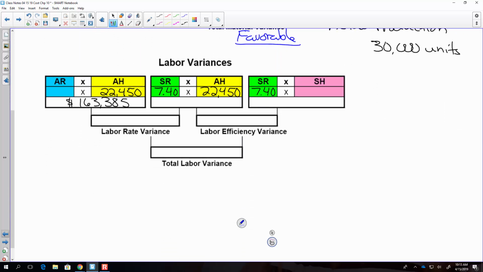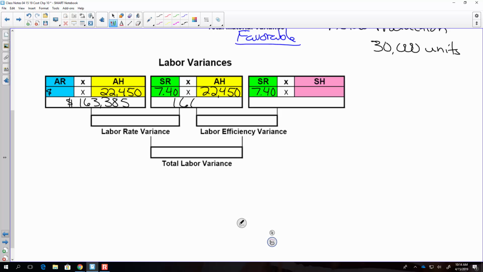Liz, what's my actual rate for labor? Did you compute that, or you didn't compute that one? Oh, I'm sorry. Of course, I picked the one that you didn't do. 166,130. Is that over here?